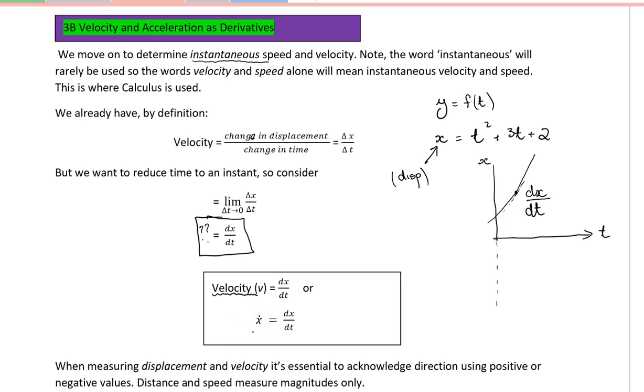Now, all we're going to be doing is using our understanding that velocity at a particular instant will be the first derivative of x with respect to time. And the calculus is really not difficult.